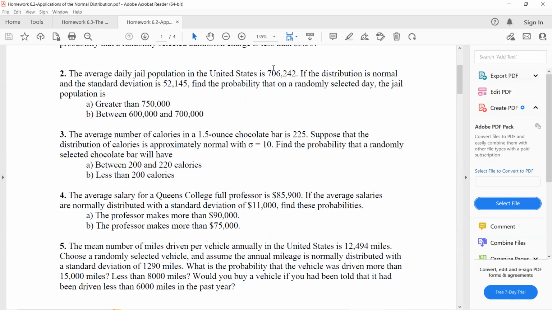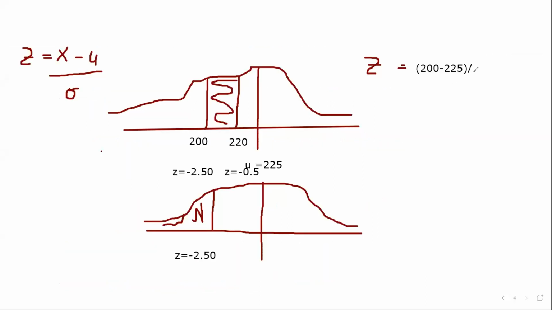Yeah, so that works. Lost my train of thought for a minute. This is 10 down here, right? So when we calculate this, we should get the same z-score that we got when we calculated it the first time, right?